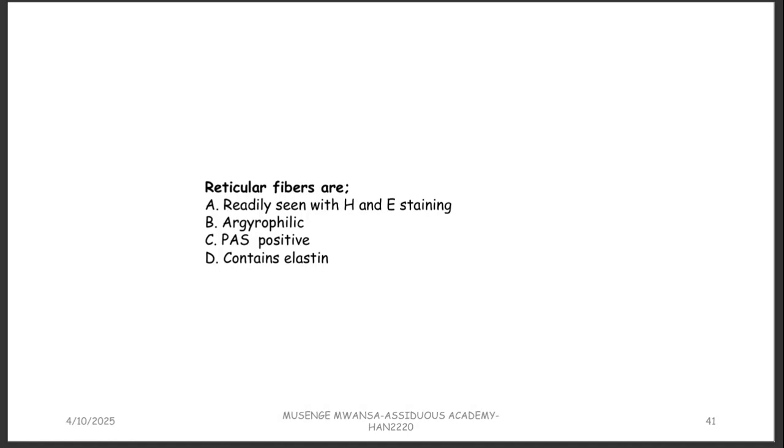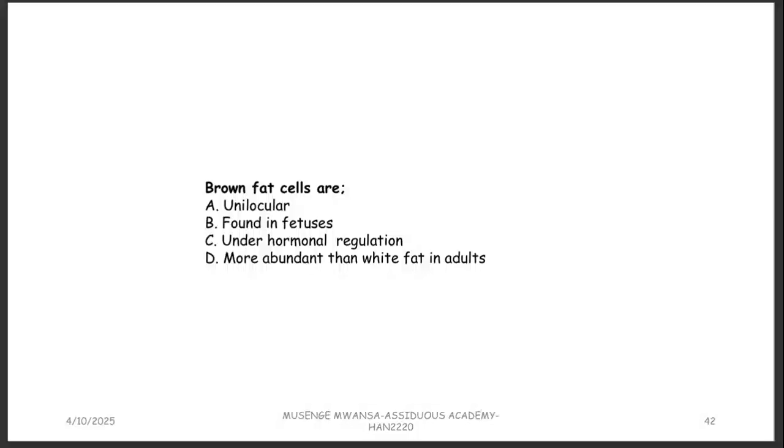Reticular fibers are readily seen with H&E stain, are argyrophilic, PAS positive, contain elastin. Okay, someone picks B. Excellent. They are argyrophilic, isn't it? They can be stained with silver salts.